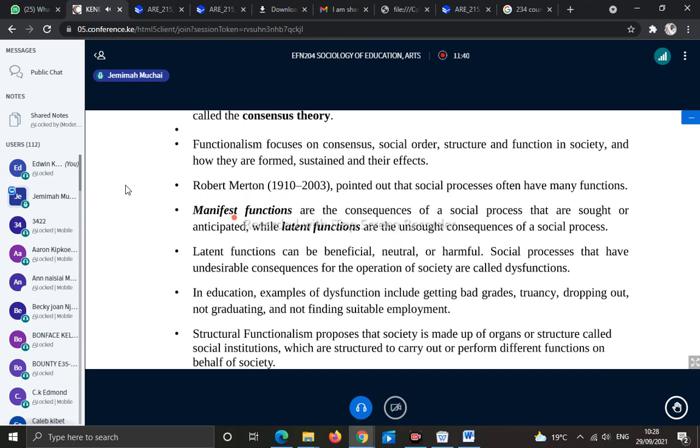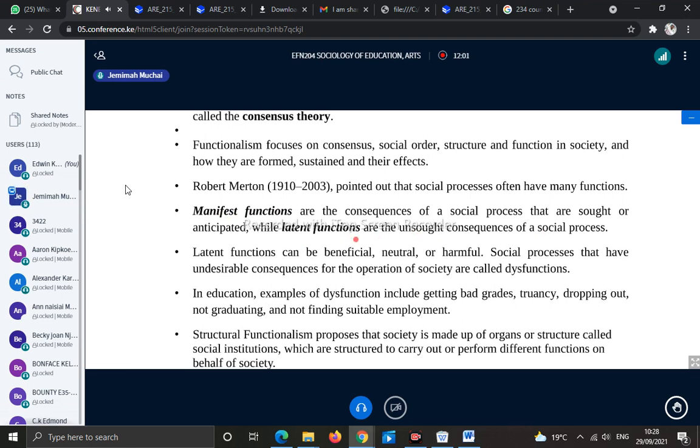For example, when you come to school, what do you expect to get from that school? The social process that will be taking place is learning in a school. That will be manifest. It is what is expected to be found there. Latent functions are unsought consequences of a social process. When you're in Machakos University, you have come to undertake education arts as your degree.